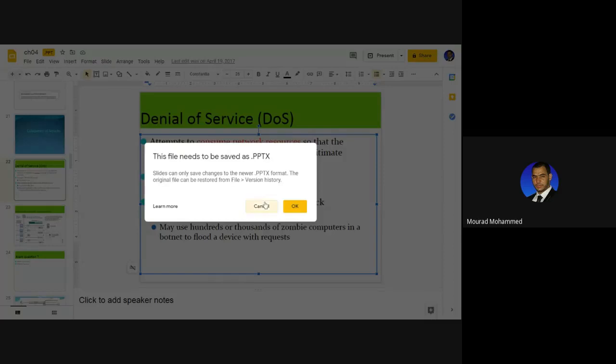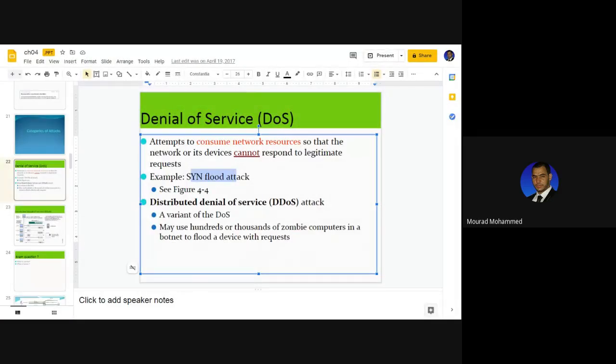Refer to the book for this visualization of the SYN flood attack. I said an attacker attacks a service provider by sending an enormous number of requests. Here we have an attacker and a victim. How does it happen if we are talking about an attacker using a list of compromised devices, like in here?